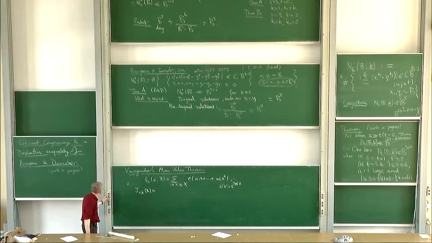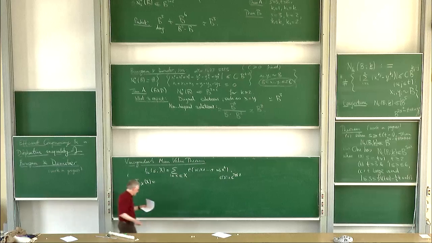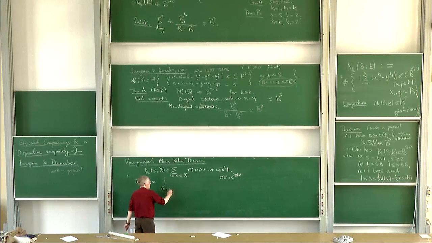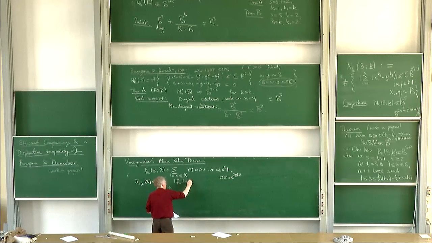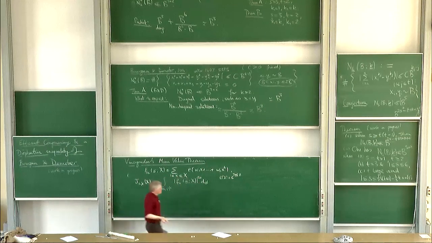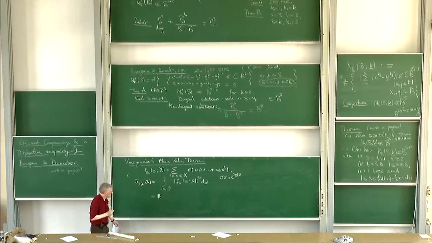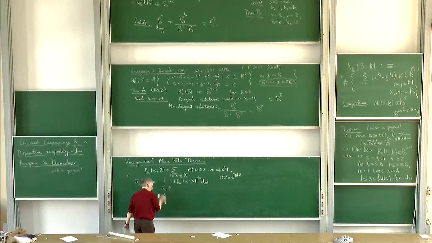J_{s,k} of X is just going to be the integral over the unit cube [0,1)^k of |f_k(alpha; X)|^{2s}. And by orthogonality, this is counting the number of solutions of a system of equations, and you can see one connection already with what's been going on above.